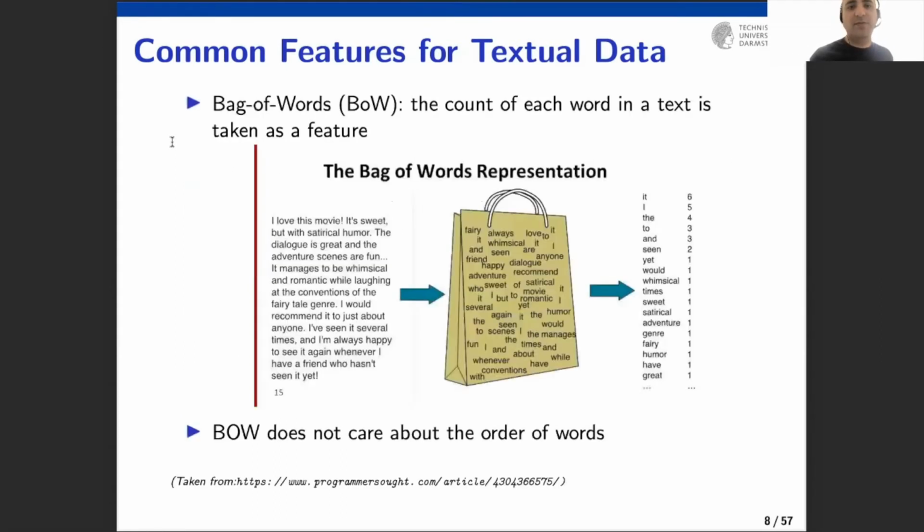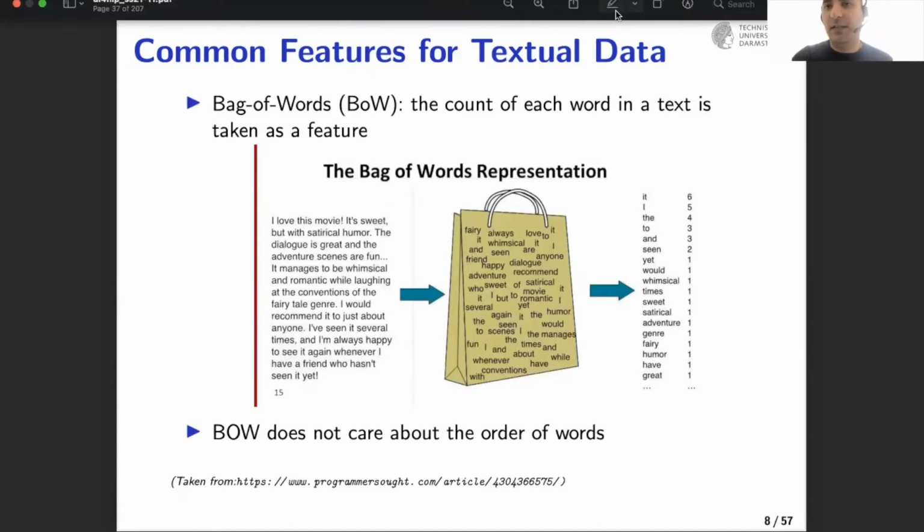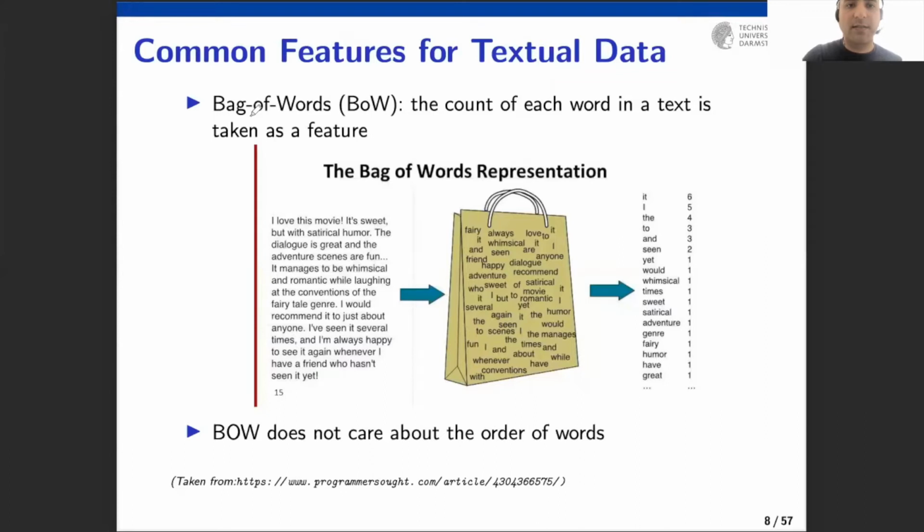So let me go to the bag of words slide. So now, instead of extracting, let me pick up my pen again. Instead of extracting one word, we extract two words, right? So this is like a bigram. So we have "I love", and instead of having "I" here, we count "I love".